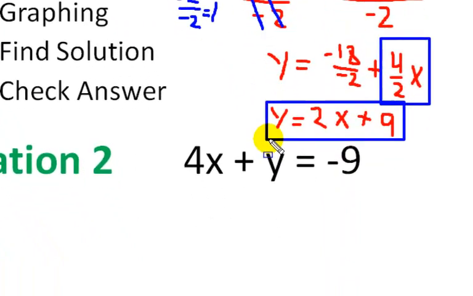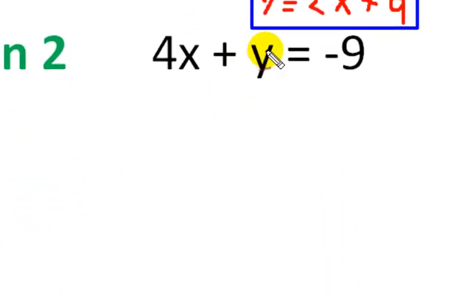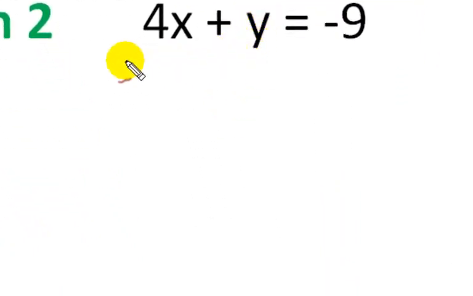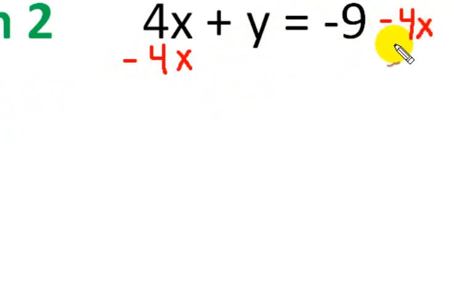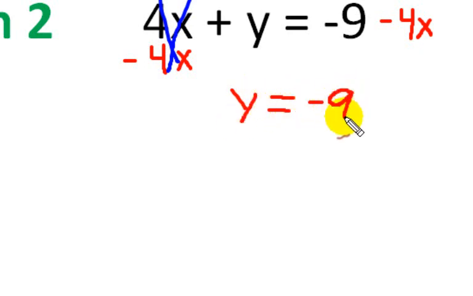Alright, now the second one. Now I want to get y by itself, so I'm going to subtract 4x from both sides. Alright, when I do that, this is going to cancel out, and I get left with y equals negative 9 minus 4x.